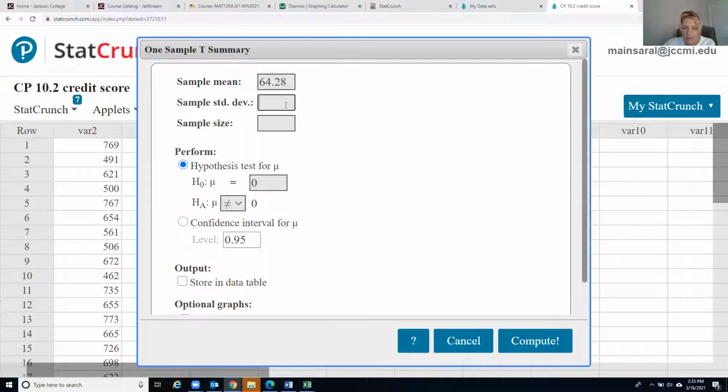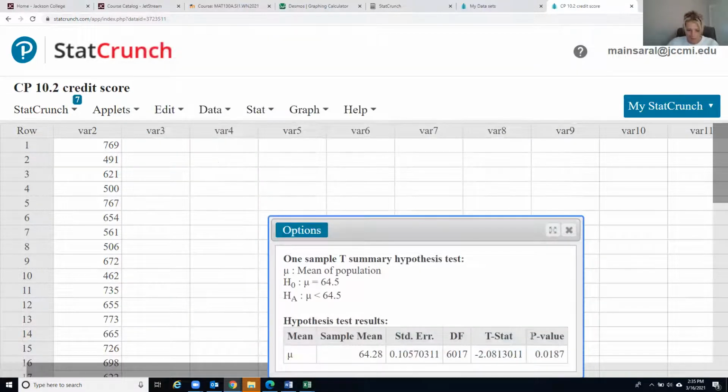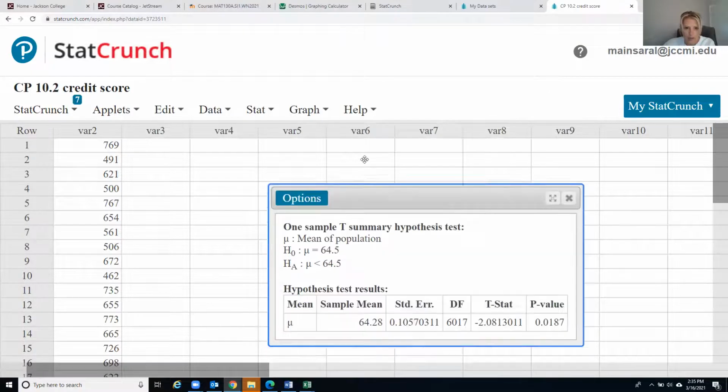The sample standard deviation was 8.2 years, and the sample size was 6,018. They think the age is actually 64.5 from historical data, and we're testing that it's less than 64.5. So there is our output.